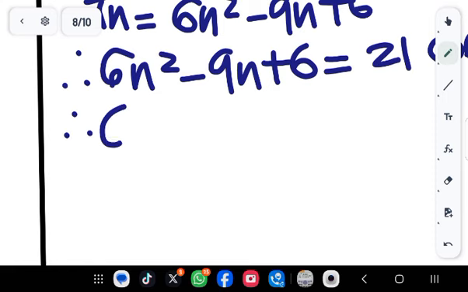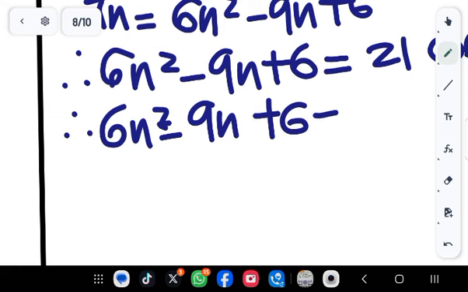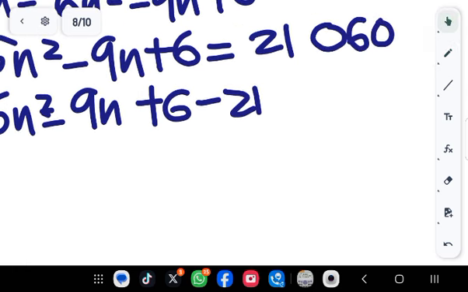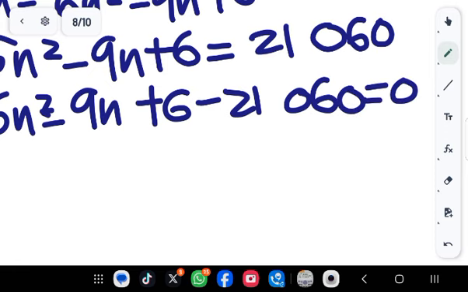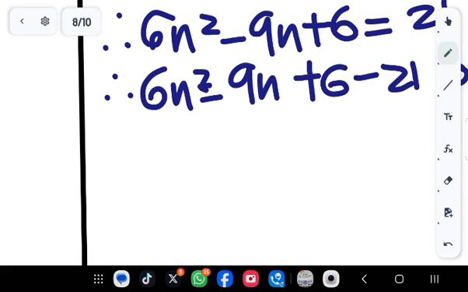Now let's take everything to the left hand side. Plus 6 minus 21,060 equals 0. Okay, simplify.